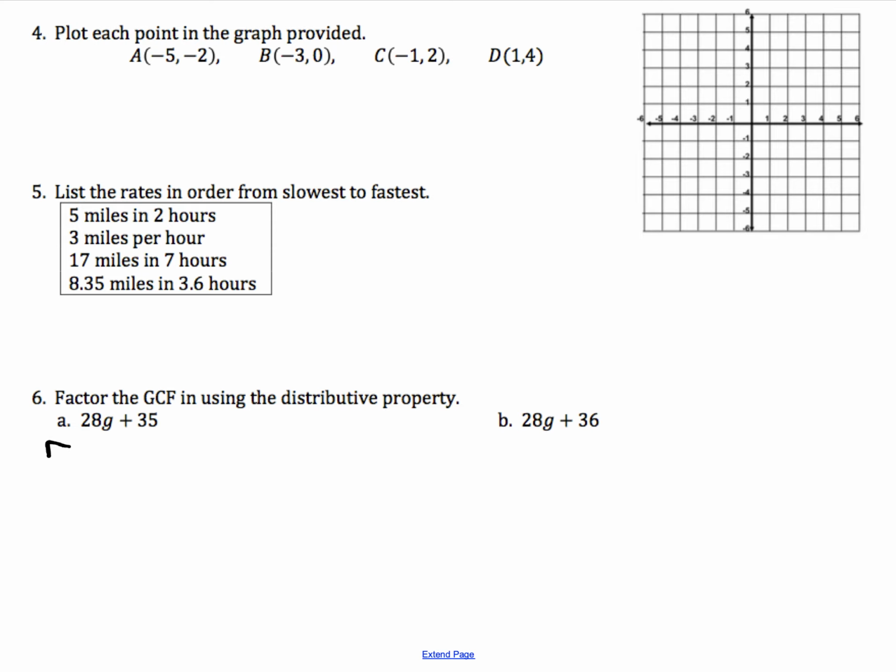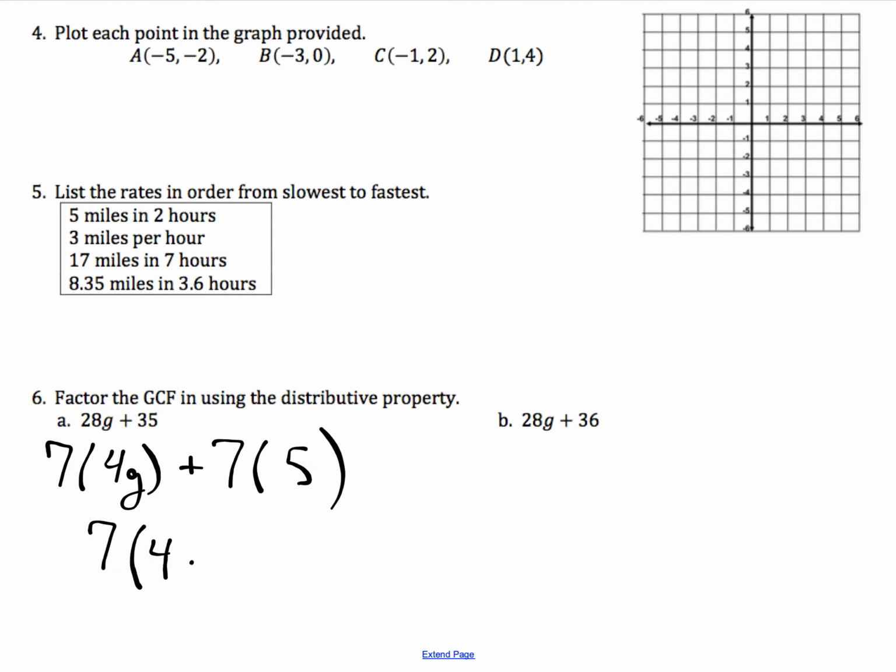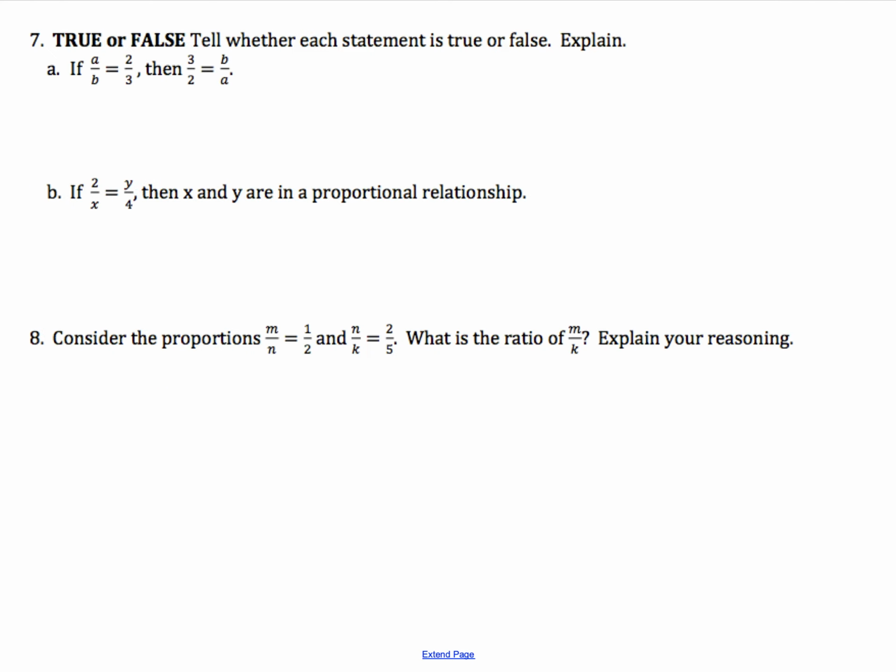By the way, quick little hint here, 7 goes into 28 and 35, it's the largest number that does. 7 goes into 28 4 times, and 7 goes into 35 5 times, and then you can pull the 7 completely out. I guess this is doing the problem completely, but that reminds you how to do it, and then you can do part B.